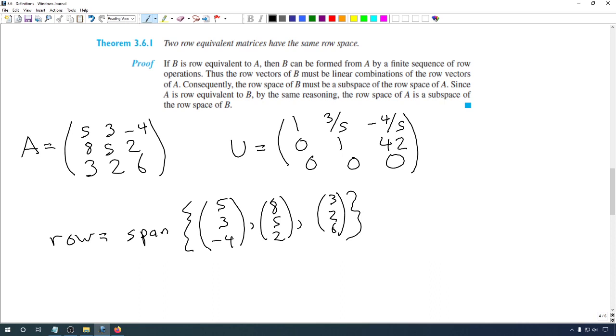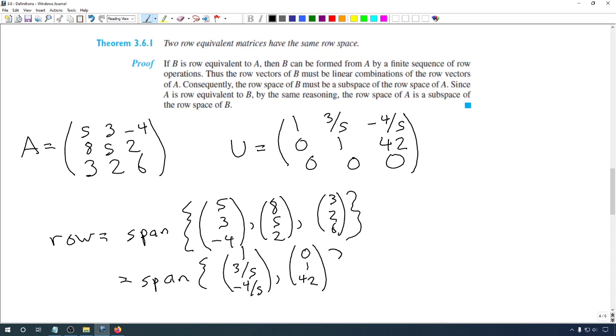But since A and U have to have the same row space, we can see that the row space is in fact also spanned by a different basis, a different collection of vectors given as (1, -1 3/5, -4/5) and (0, 1, 42).